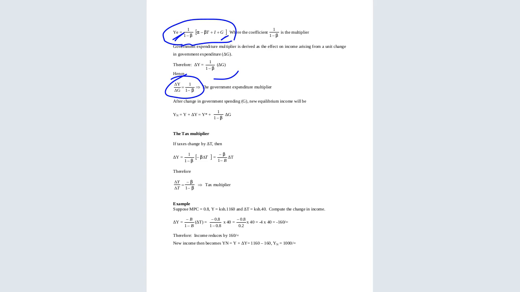That is what we refer to as the government expenditure multiplier. So you should be able to derive this, and if you are given a question to compute this, you should be able to. So that is our government expenditure multiplier, which simply tells us by how much our national income changes as a result of a unit change in the government expenditure.